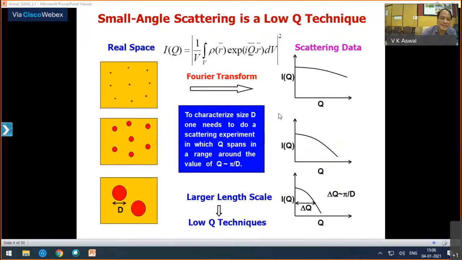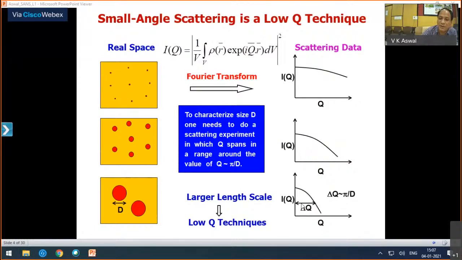As I already said, in scattering experiments you measure scattering in the reciprocal space. So when you have small scattering objects, the Fourier transform of these will be broader. But if these scattering objects become larger and larger, then the reciprocal or Fourier transform of these objects will be a narrow distribution.